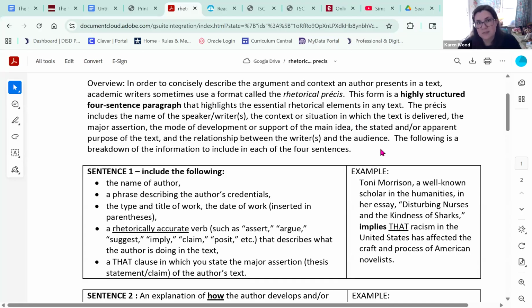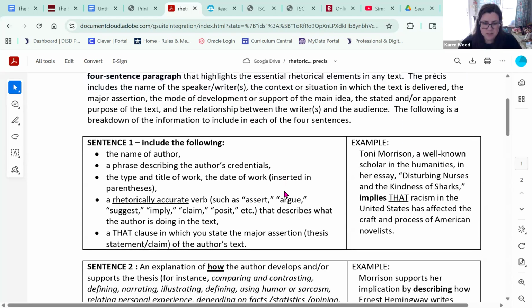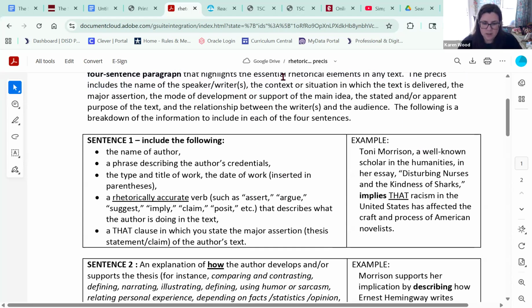That's why I'm going to give you guys some templates that you can use. It's exactly 4 sentences, no more, no less. And it describes the speaker, the context, the assertion or their claim, how they develop the idea, and the purpose of the text, and then their relationship with the audience.